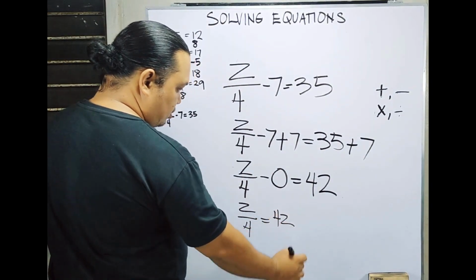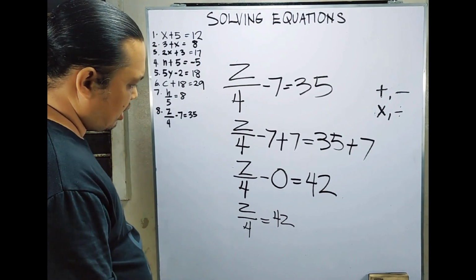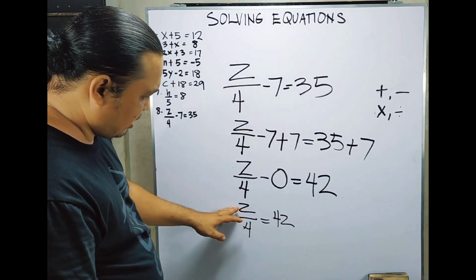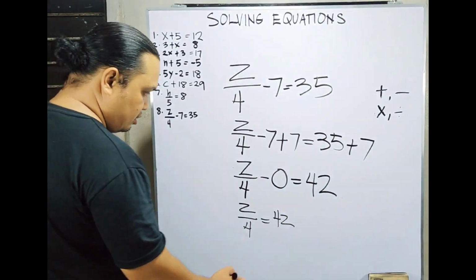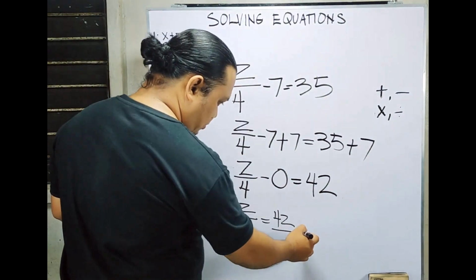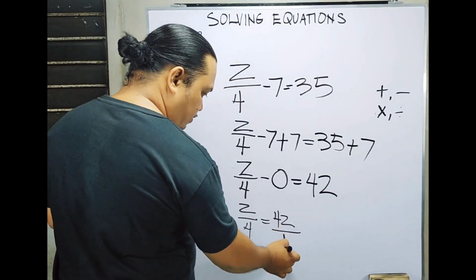Okay, just like the example in number 7 here. How do we get rid of the 4 here? Just cross multiply. Okay, because 42 as a fraction has a denominator of 1.